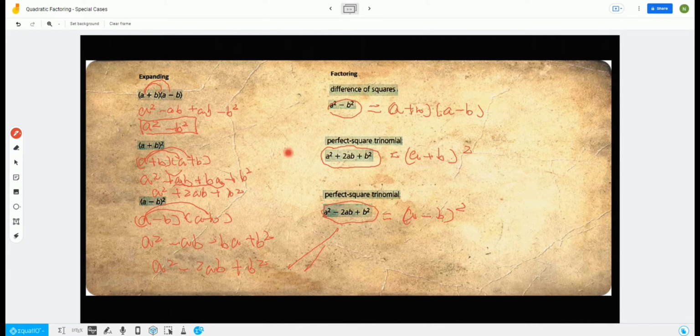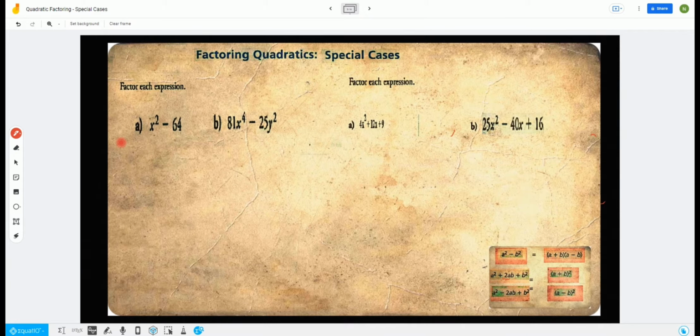Look at the first one, x squared minus 64. This is the difference of squares format. We write x squared minus 64, which is 8 squared. Using the difference of squares, a squared minus b squared equals a plus b times a minus b, we just copy: x plus 8 times x minus 8. Done. Very easy.